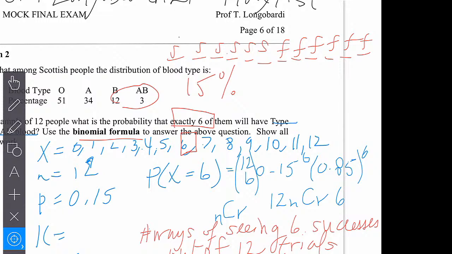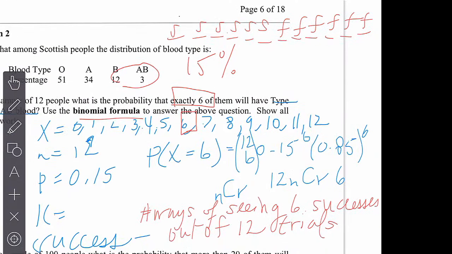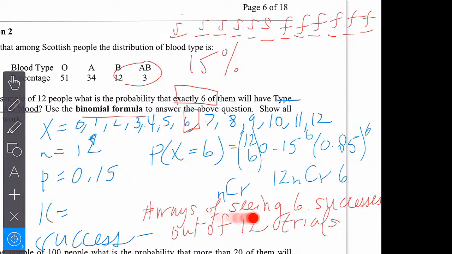I won't tell you the answer. So this is the number of ways of seeing 6 successes out of 12 trials. How do you punch this in? What do you get?